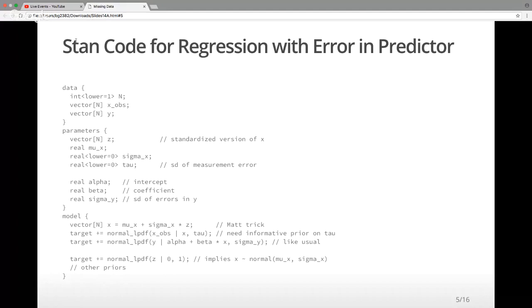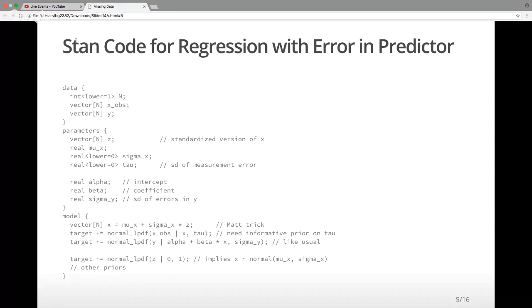Anyway, the unknown parameters include a vector of size n, which I'll call z, which is going to represent the true values of the predictor, but in standardized form. We have unknown expectation for x, the true predictor, and unknown standard deviation for x.